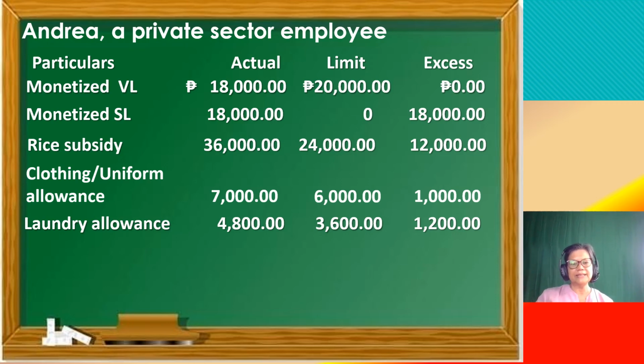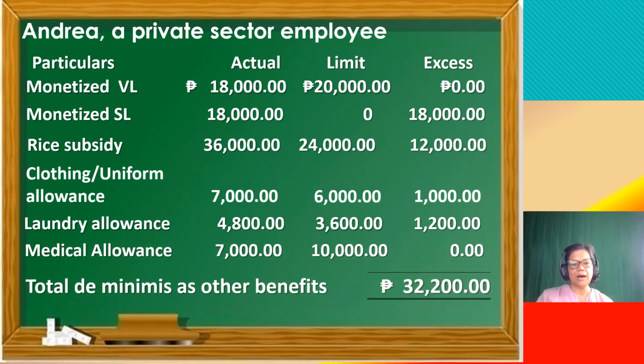That is 300 times 12. So, 4,800 less 3,600 is 1,200. Next is medical allowance, 7,000, and then the limit is 10,000. In this case, actual is lesser than the limit. Therefore, the excess is 0.